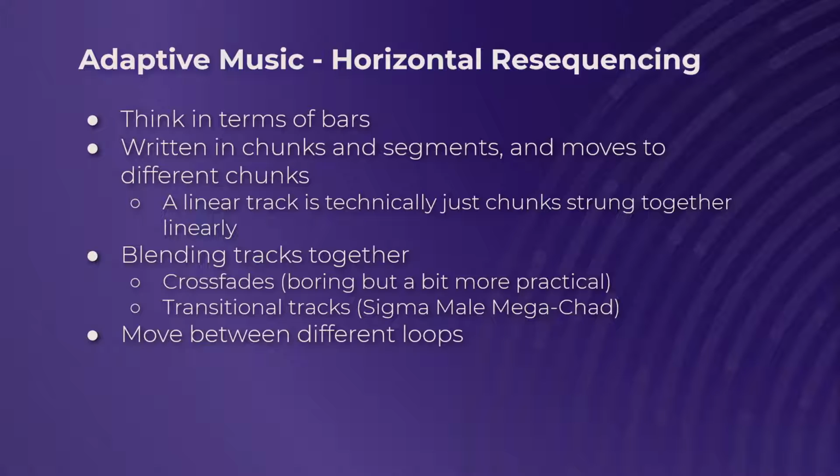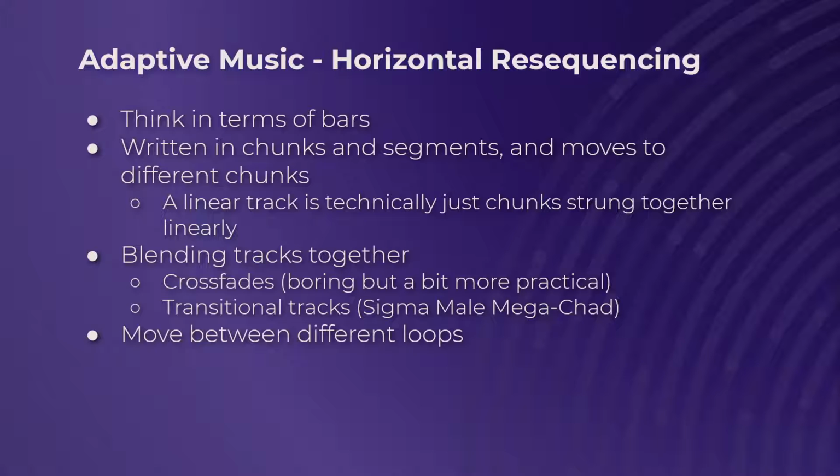Each of those sections is a chunk of it. But think that you can rearrange them. So instead of going verse, verse, you go verse, chorus, or something like that. And a linear track is basically just chunks strung together, but linearly and without any way of changing it.